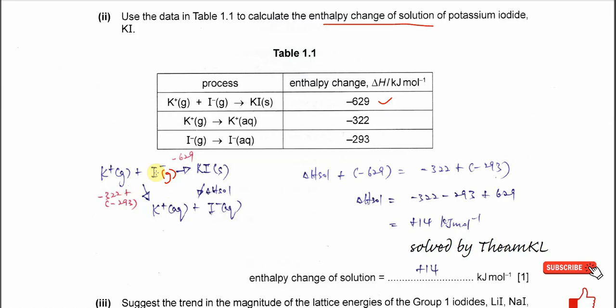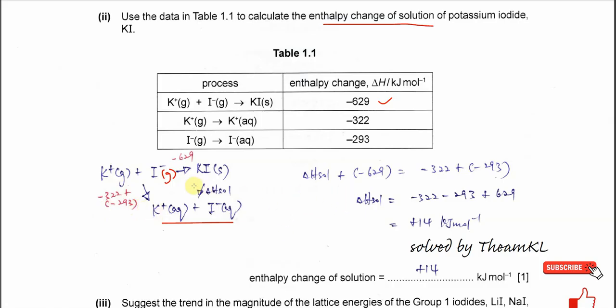Both can combine and form the potassium iodide solid, so this is the lattice energy for potassium iodide. And the potassium iodide can dissolve in water to form an aqueous solution. So this is the delta H solution. And the gaseous ions can also dissolve in water directly, so this will be the hydration enthalpy for the cation and the anion, right?